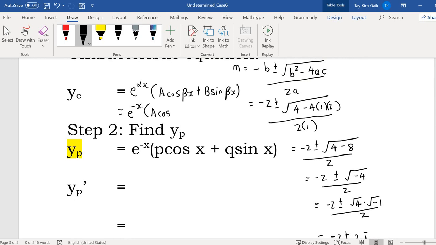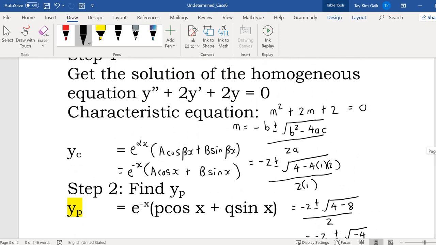So your solution for yc is e to the negative x (A cos x plus B sin x). So this is yc. Second step, find your yp.